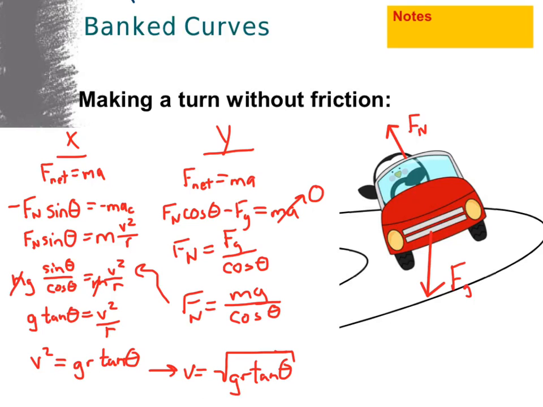Unlike if the theta was 0, our velocity would be 0, right? Which basically means we could not do any sort of turning on a frictionless surface if we were on a horizontal turn.